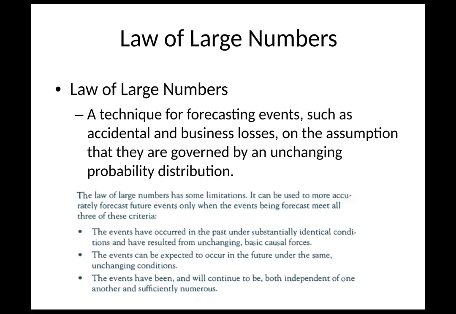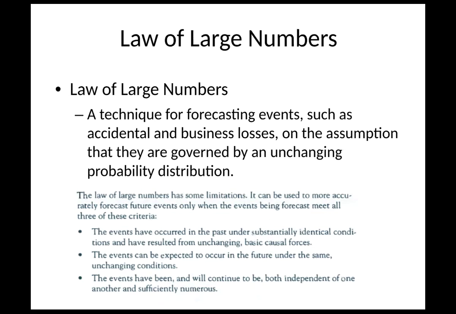All right, so the 3 criteria: the events have occurred in the past under substantially identical conditions and have resulted from unchanging basic causal forces. The events can be expected to occur in the future under the same unchanging conditions, and the events have been and will continue to be both independent of one another and sufficiently numerous.